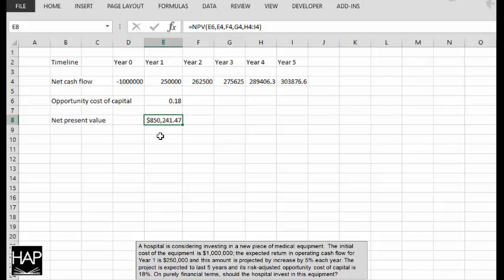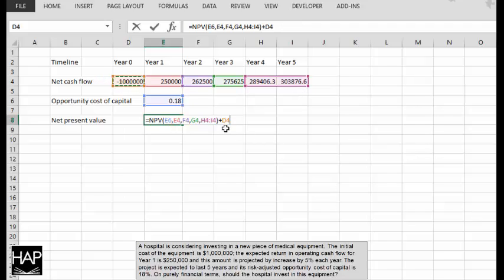However, this net present value figure is not accounting for the $1 million that I put up front. In order to make it account for the $1 million, I'm going to add back the $1 million separately. So the net present value function has the opportunity cost right here, and then it has all of the values from years 1 through 5.